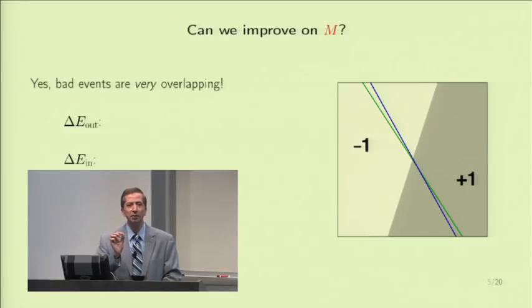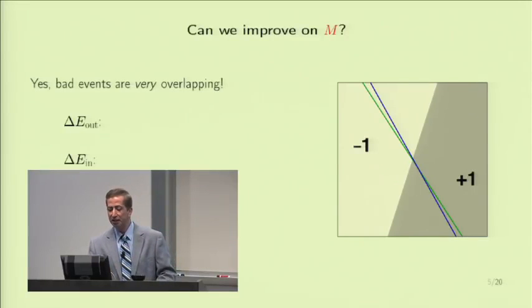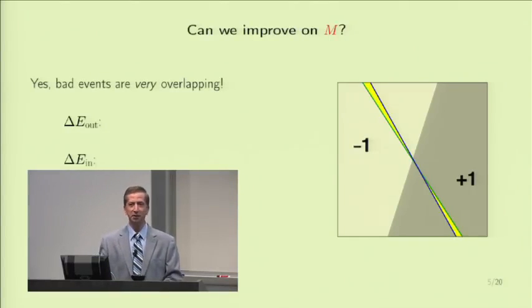But let's pin down the specific event that we would like to argue is overlapping. The change in E out when you go from the blue hypothesis to the green hypothesis would be the area of this yellow region. Not very much, a very thin area.